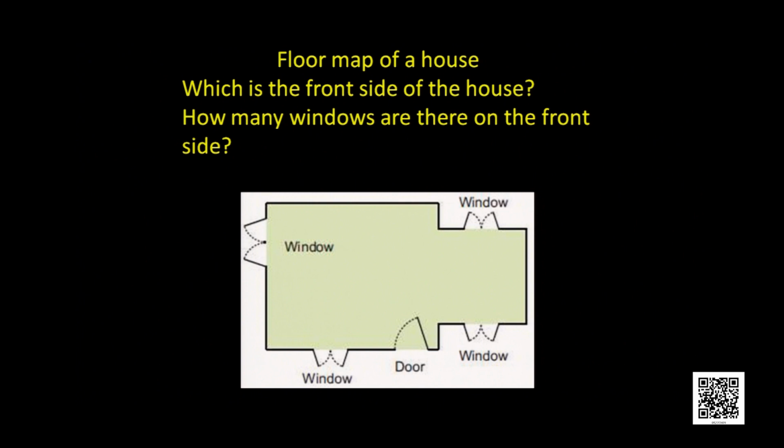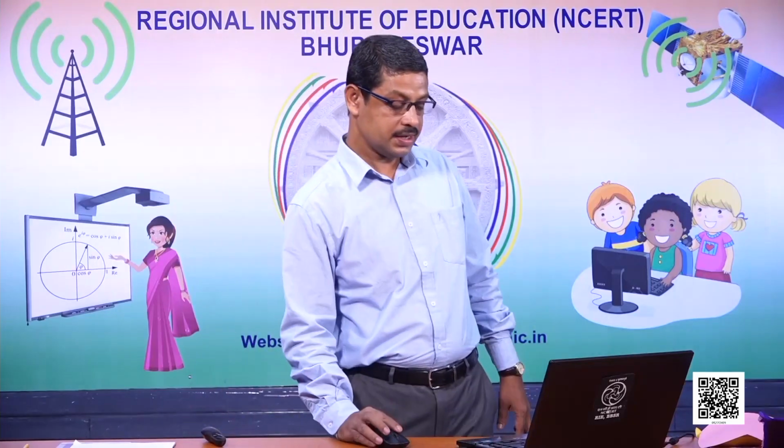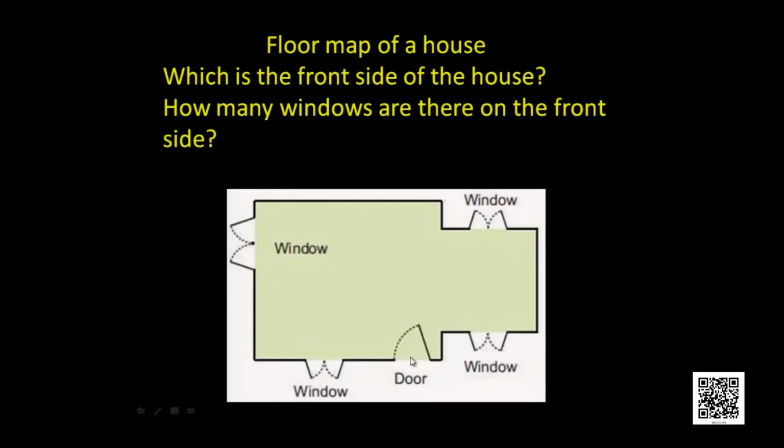So, which is the front side of the house? You see here is the door. So, obviously this is the front side of the house. How many windows are there on the front side? If this is the front side, see there are 2 windows here. See the movement of the mouse, here there are 2 windows.